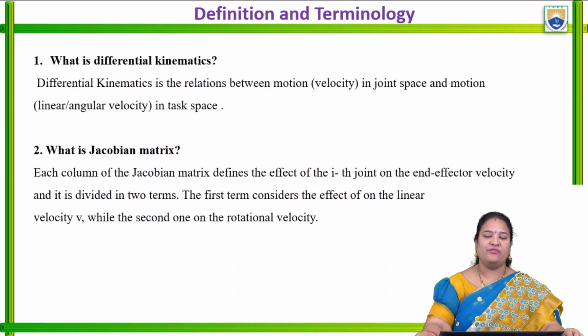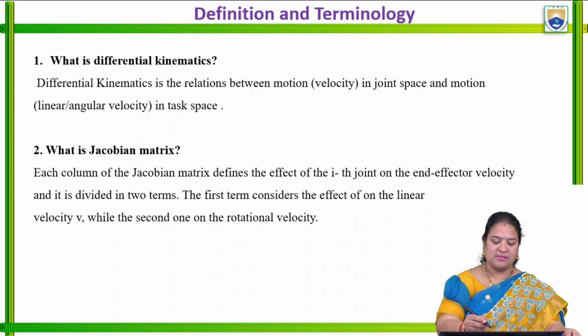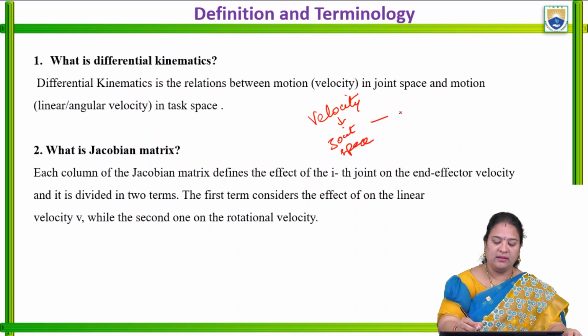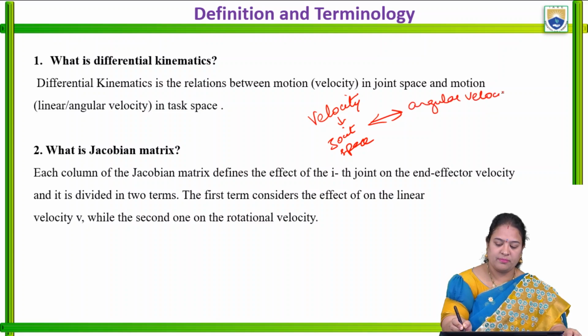What exactly does differential kinematics mean? This kinematics is the relation between the motion, that is, the relation between the velocity in the joint space and the angular velocity in the task space, right?